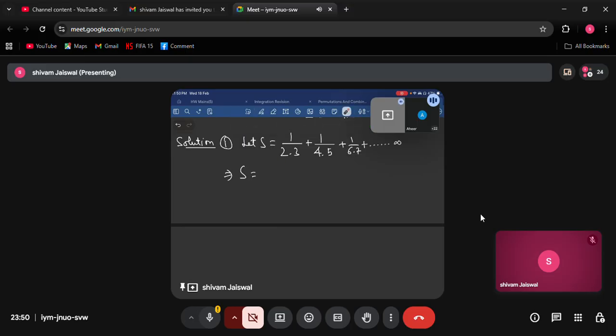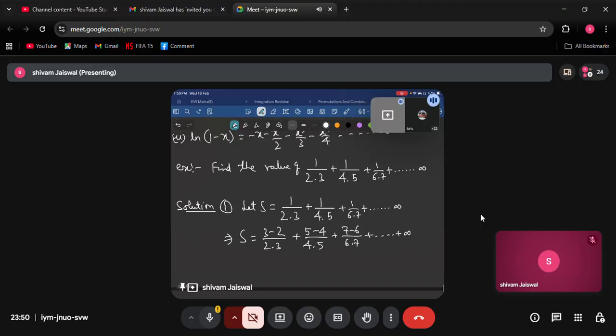See, the difference is 1 in the denominator, right? We can write it as 3 minus 2 by 2 into 3 plus 5 minus 4 by 4 into 5 plus 7 minus 6 by 6 into 7 plus dot up to infinity. Did you understand how to convert every polynomial into power series?